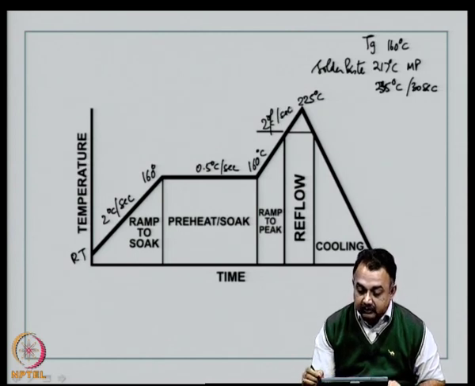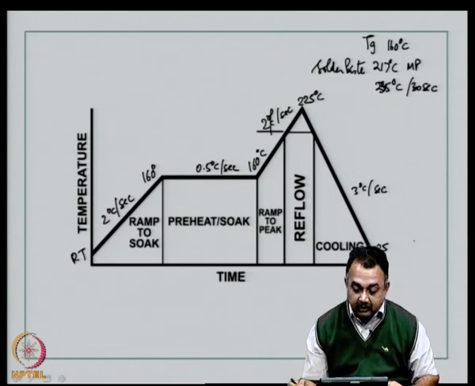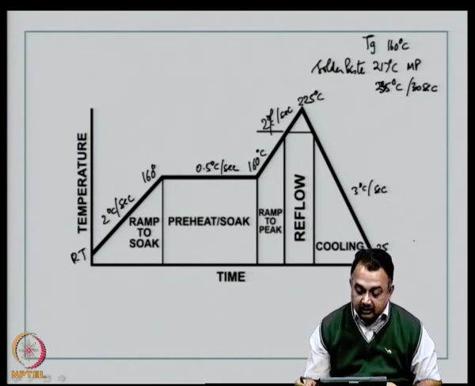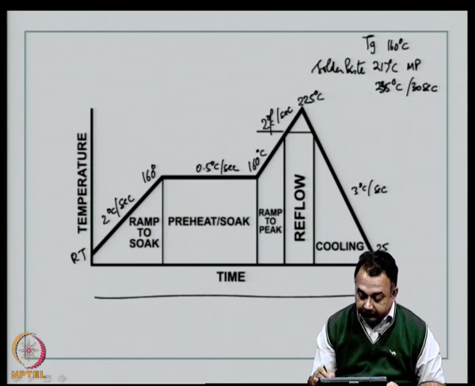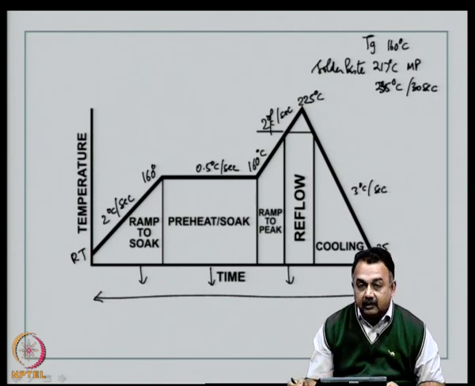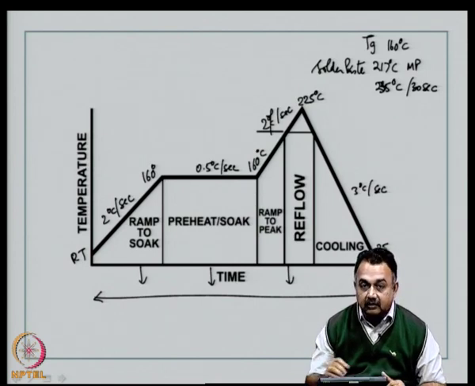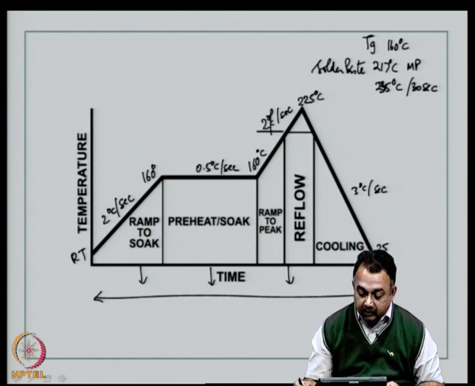Then your cooling zone typically again 3 degrees centigrade per second. So, 225 to 25. So, if you calculate the times accordingly, you will get the total time. Okay. For each of these you can calculate the time, and then totally you can get the time taken for reflow.